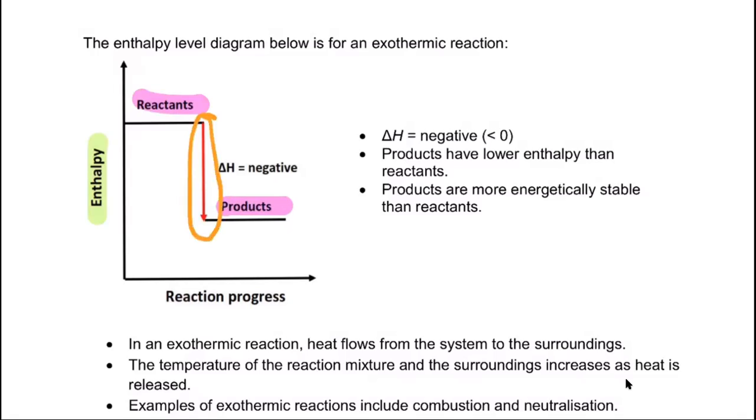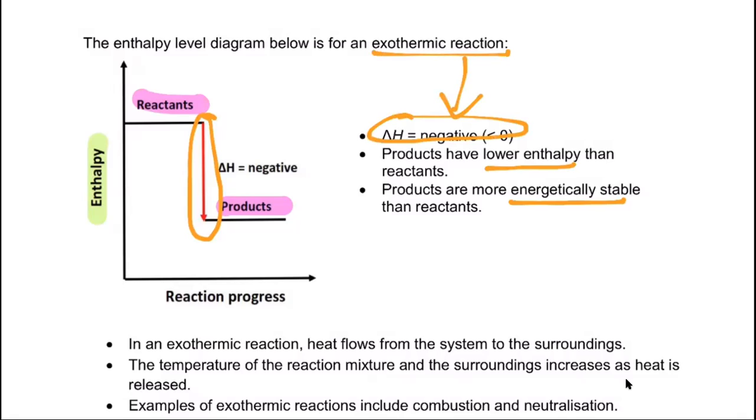That means the products have lower enthalpy than the reactants, which means they are more stable. Lower enthalpy means more stable. So if I subtract, my delta H is going to be negative. Exothermic reactions always have a negative change in enthalpy. They have products with lower enthalpy than reactants, and products that are more stable.